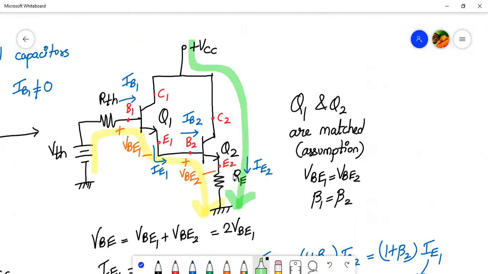So applying the KVL over here to the collector emitter loop, what do we get? VCC minus VCE2. Okay, here there is a VCE2 present over here, I have not shown it, minus VCE2 and minus IE2 into RE. All right.